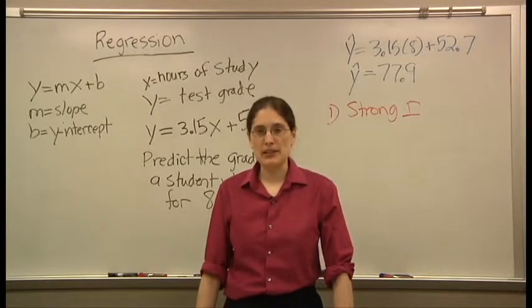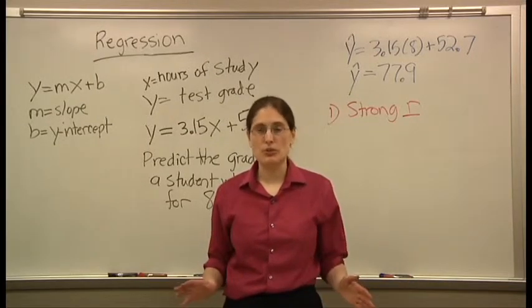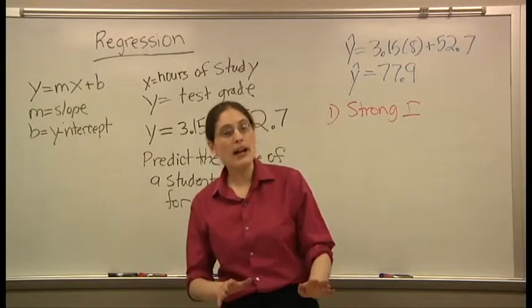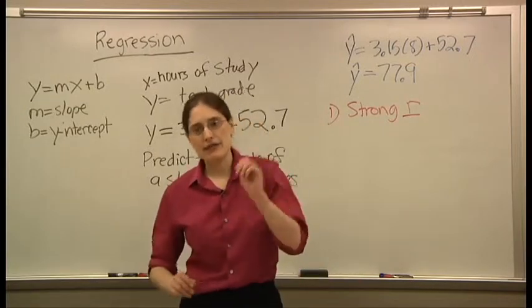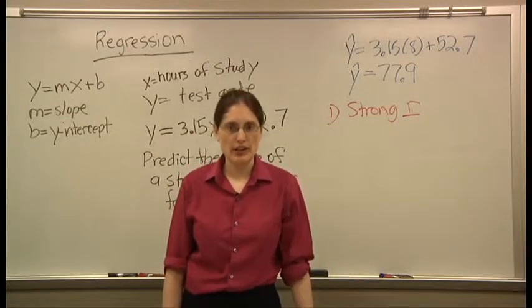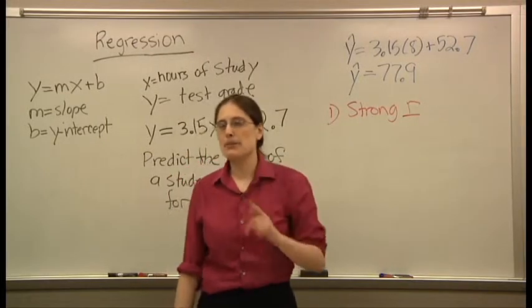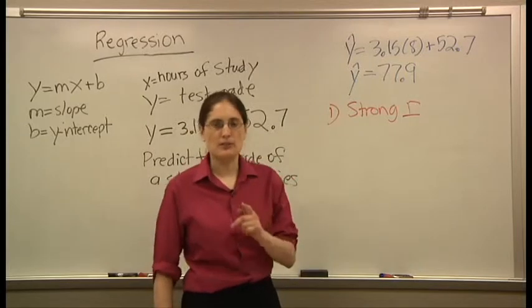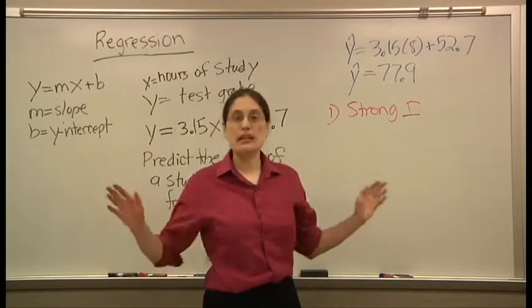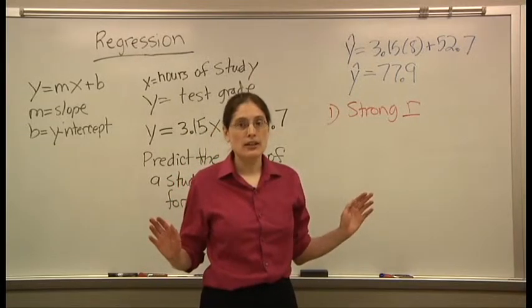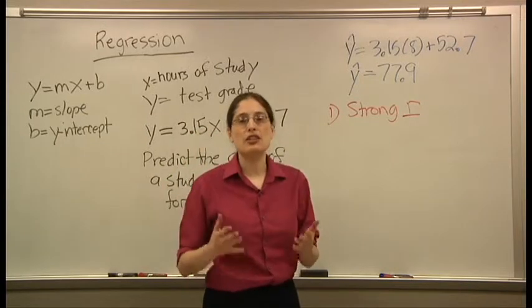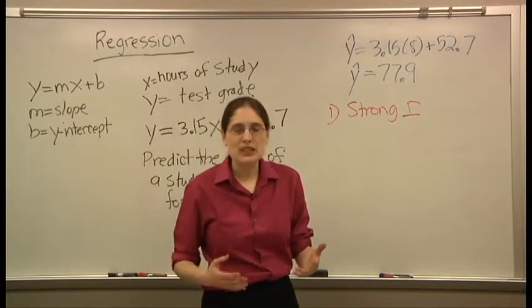So I've got these two things that presumably have nothing to do with one another. But I can go out and collect data and find the equation of a regression line. Should I use the popularity of red shirts to predict the price of potatoes? I can make an equation to do it, but that would be a stupid thing to do because they don't have anything to do with one another.